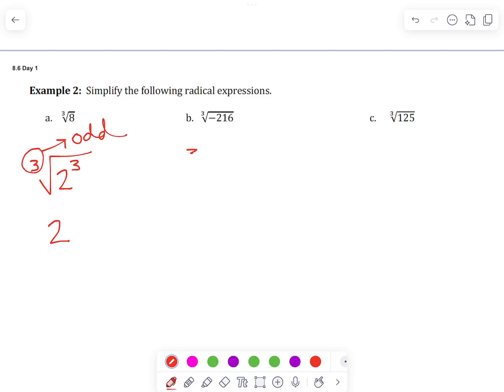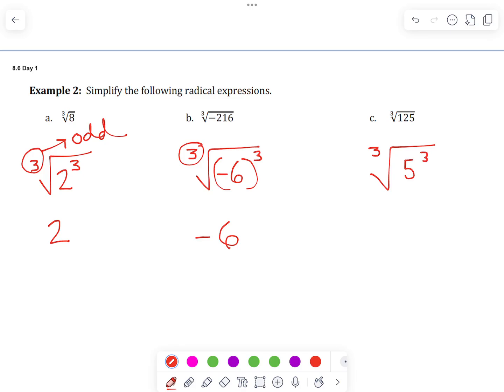Next one, we're going to rewrite negative 216 as negative 6 times negative 6 times negative 6, or negative 6 all cubed. So then your answer will be negative 6. 1 real solution again because it's odd. Last one of these, I'm going to rewrite 125 as 5 cubed. So our answer will be 5.